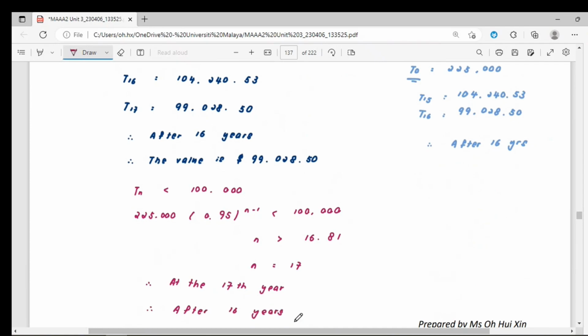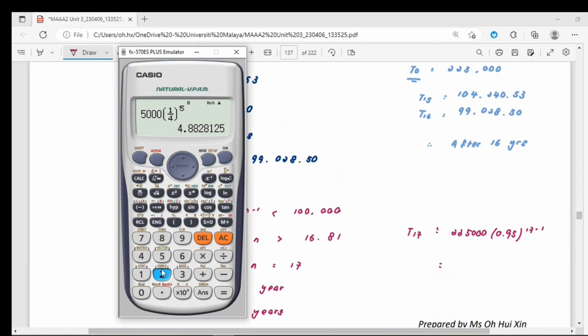If you are using this method, then you need to manually write down T17, the term that you want, but it's after 16 years. So equal to, we substitute 17 into the equation: 225,000 times 0.95 to the power 17 minus 1.